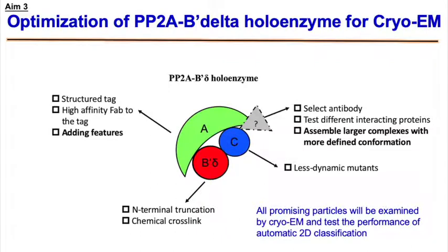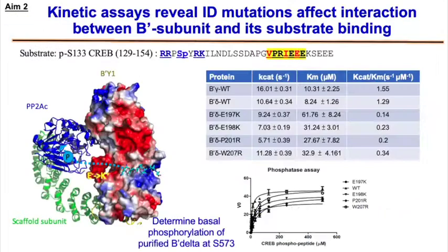So we're going to process different data sets, different particles, and see which one gives the best performance, and we're going to pursue that in large data sets. So that's essentially Aim 3, the major goal, to determine the cryo-EM structure. Hopefully, with all these strategies, we can nail the structure.